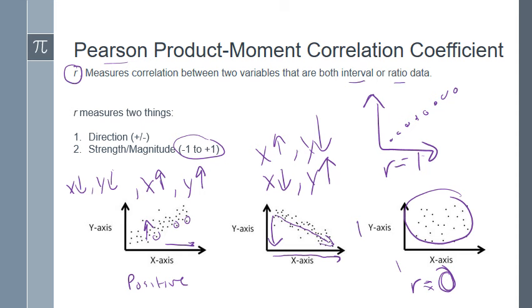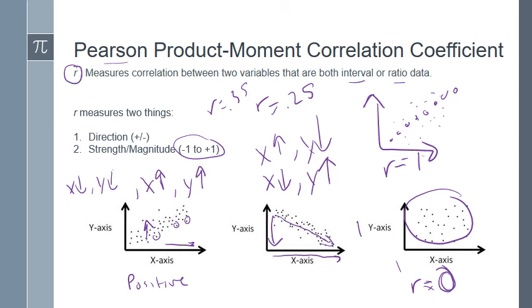But what ends up happening is we don't necessarily get this, but we don't get this either. We usually get something a little bit more dispersed. So you get an R of like 0.25 or an R of like 0.35. And so it's trying to give an overall measure of how closely the variables respond.